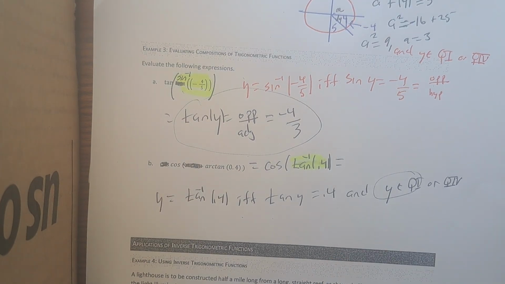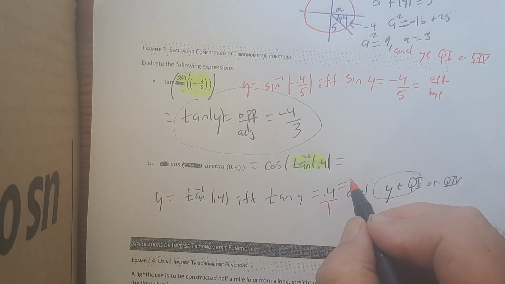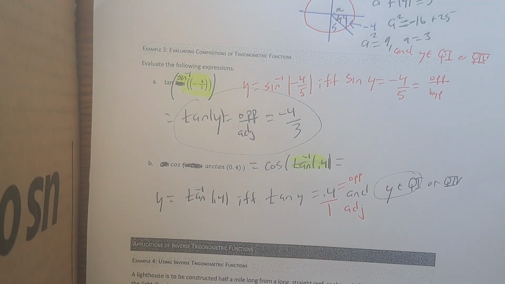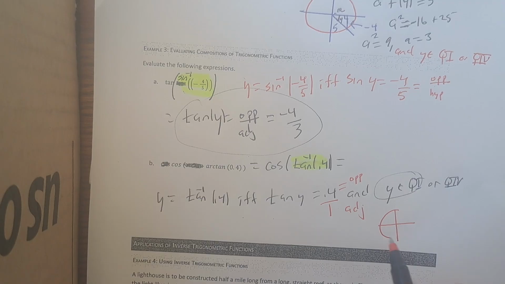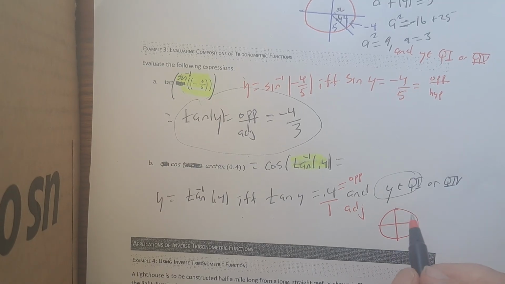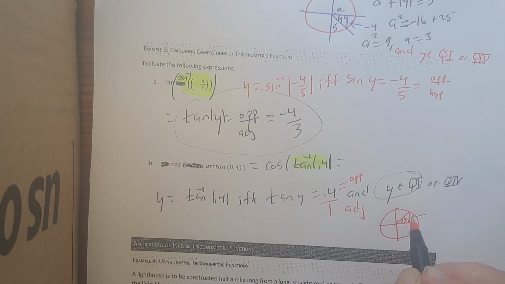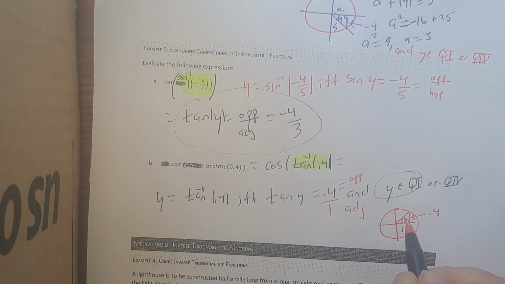I'll think of 0.4 as 0.4 over 1, so that I have an opposite side and an adjacent side. So here she is, angle y, opposite side is 0.4, adjacent side is 1.